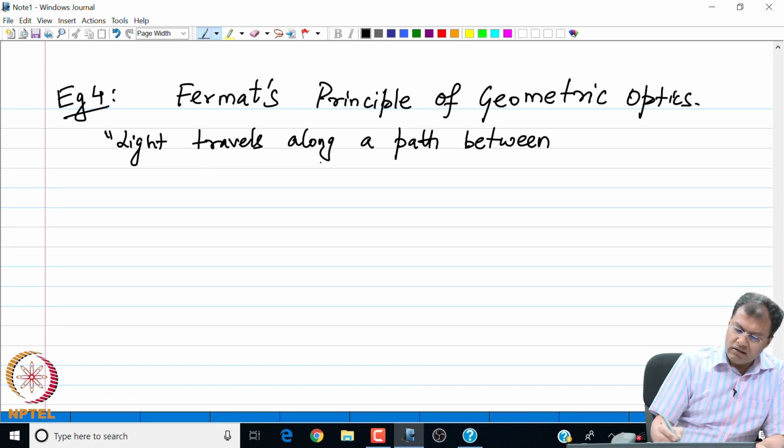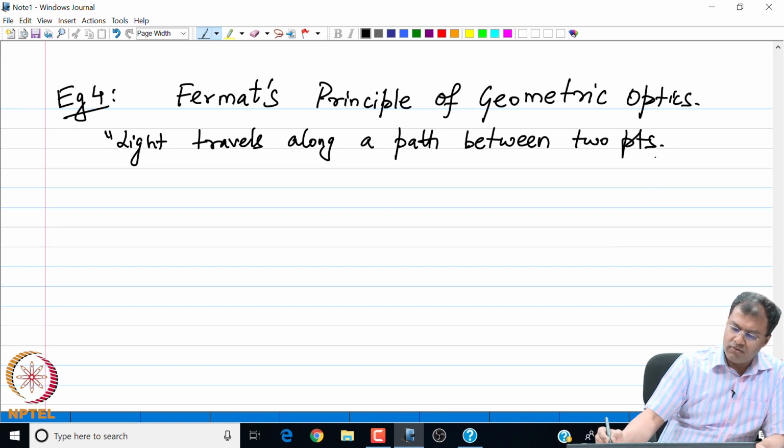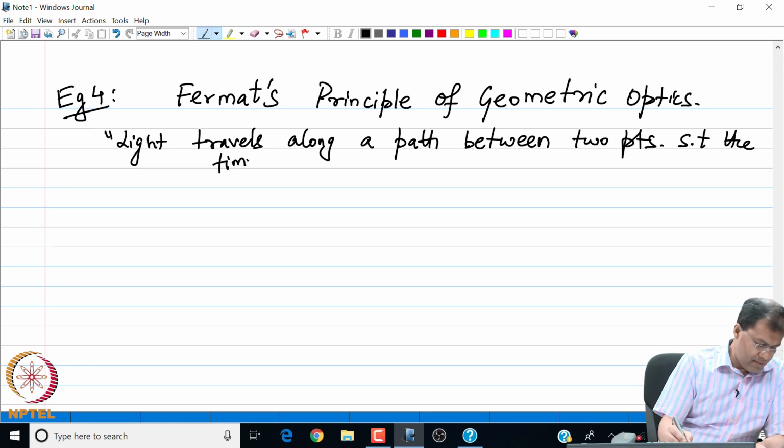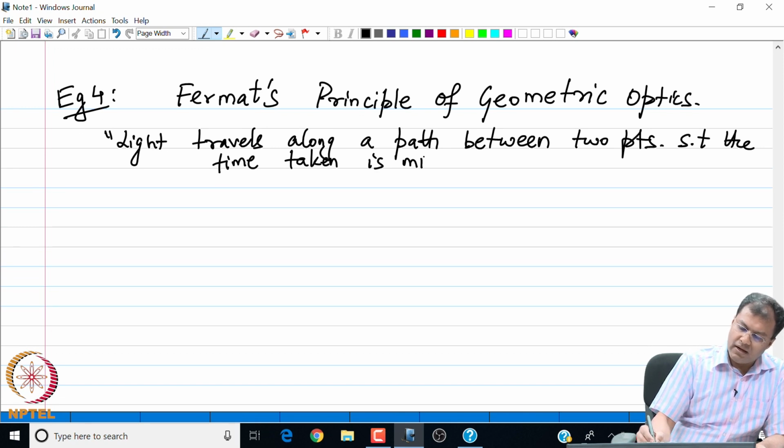In this case, the light is going to travel along a path between 2 points such that the time of travel between these 2 points is minimized, such that the time taken is minimized.